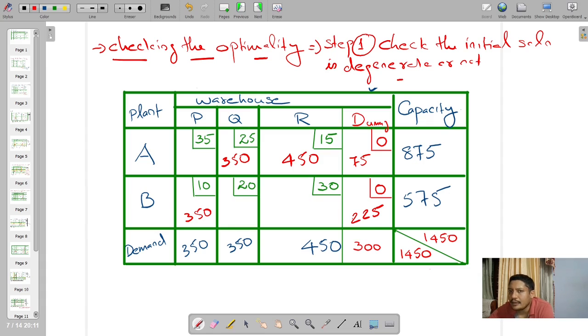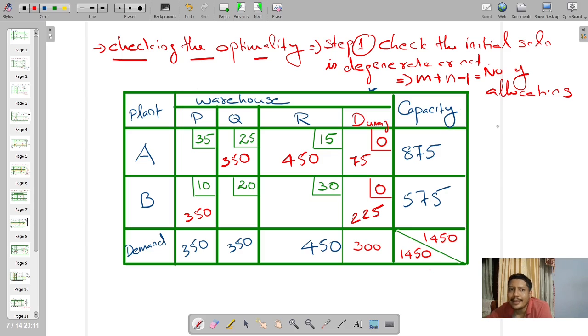How will we check? We know the equation m plus n minus 1 should equal the number of allocations, where m is the number of rows and n is the number of columns.